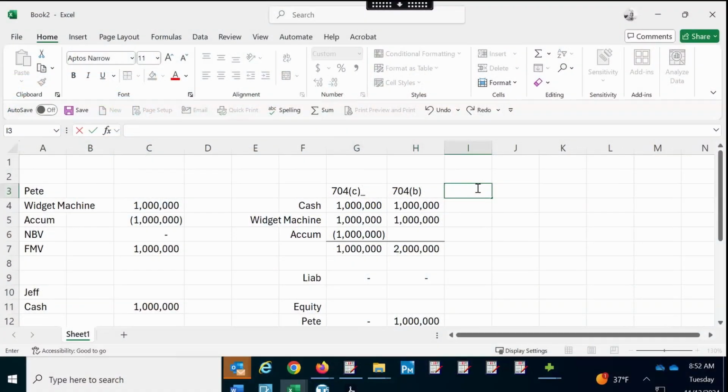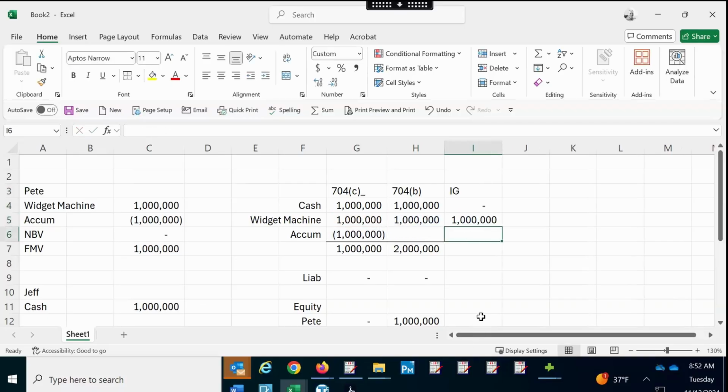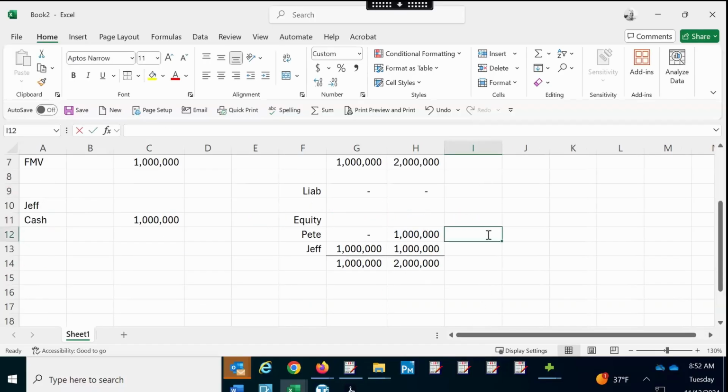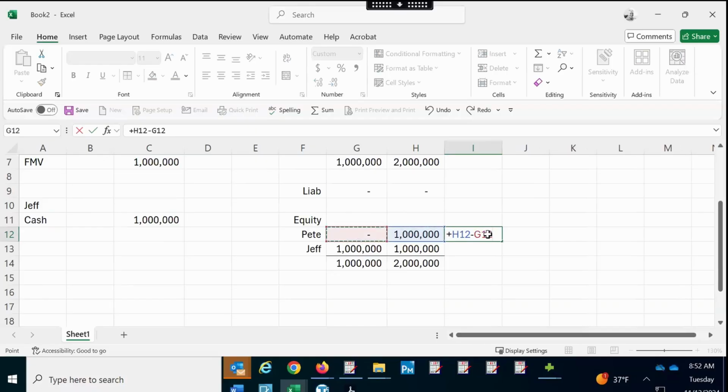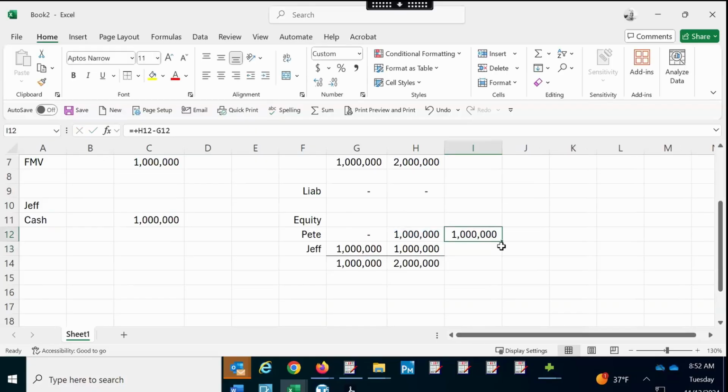So my 704C, or my inherent gain, excuse me, is how much? 0 cash. The widget machine would be $1 million. Okay. And then liabilities 0, and then Pete $1 million, Jeff 0.